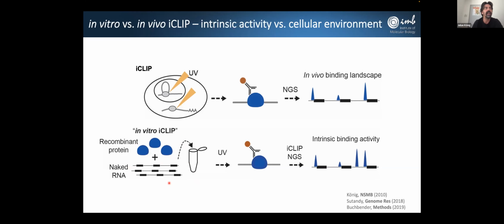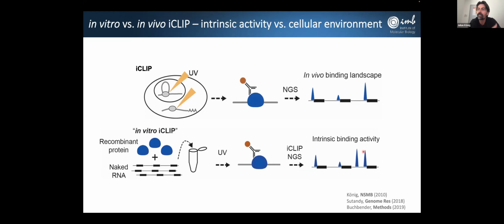We mix this together, the protein binds to the RNA, and then again, with the help of iCLIP-like purification of the protein and library preparation, we can map binding throughout these in vitro RNAs. And this now gives us the intrinsic binding activity of the protein.